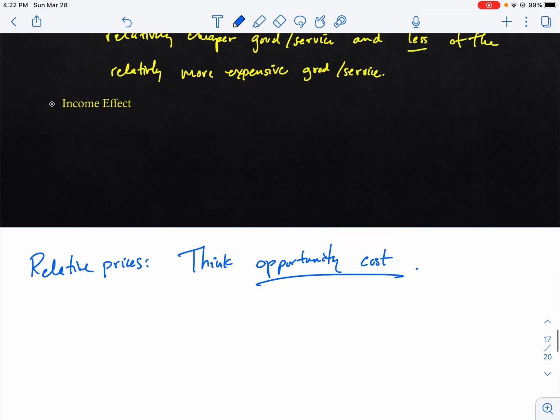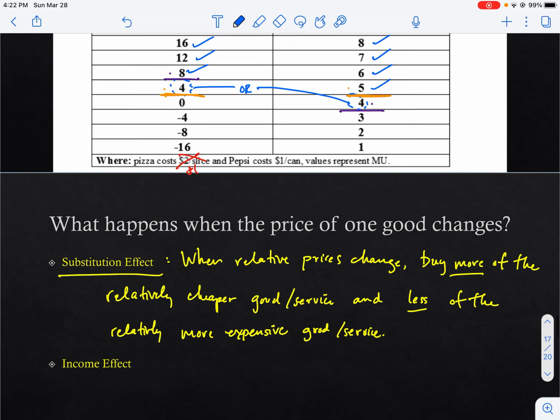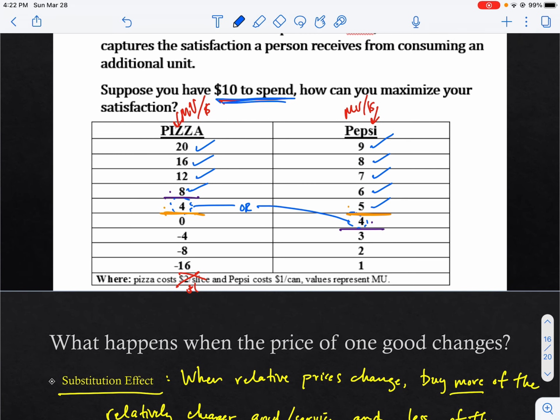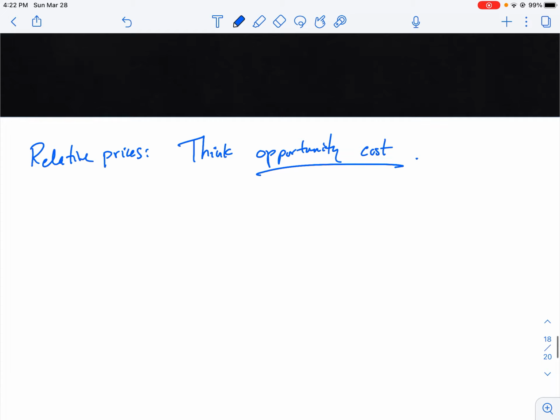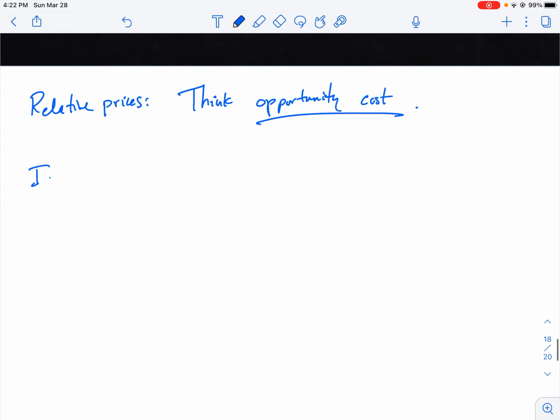Initially, the price of pizza was $2 a slice and the price of Pepsi was $1.